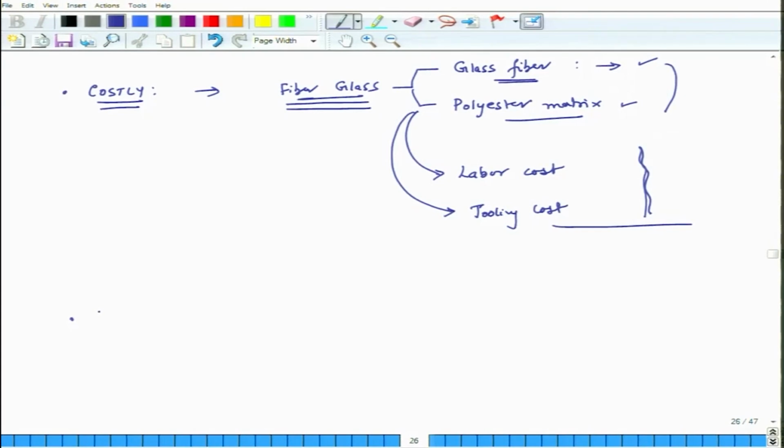Another limitation of composite materials is that they are difficult to fabricate. So, how do we fabricate regular materials?